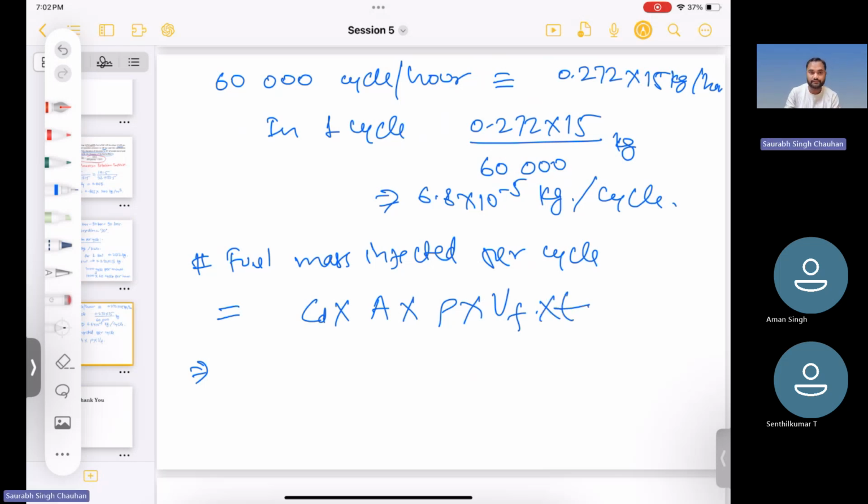Fuel injection timing in one cycle. So CD is given, area we have to find, density we have got. Now we need velocity and time, right?